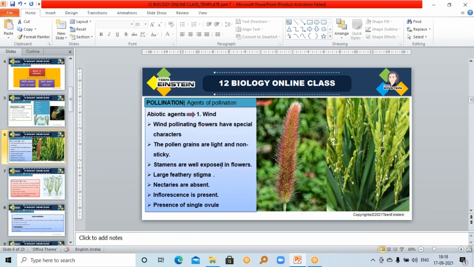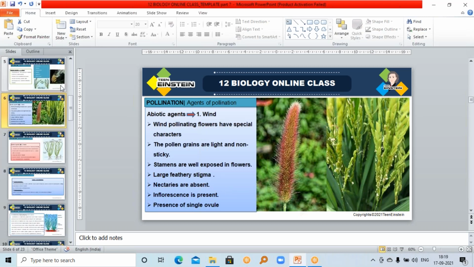Nectaries are absent because there is no necessity to attract the insect, and the inflorescence is present, and there is a single ovule. These are the characters of wind pollinating flowers. Got it?